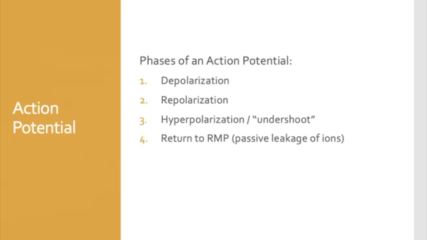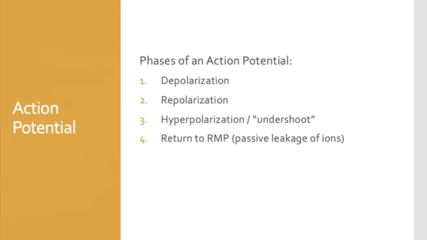Now, you might think that that's hyperpolarization, but remember, depolarization and hyperpolarization are relative to resting membrane potential. So when we go more positive than minus 60, that's depolarization. When we go more negative than minus 60, that's hyperpolarization.